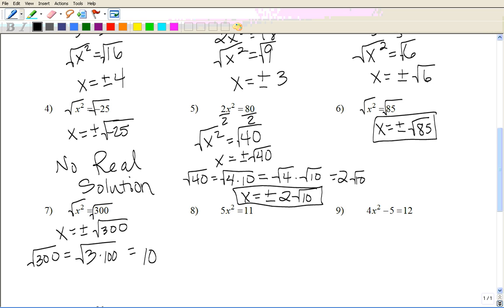So you'll see in number 7 and in number 5 there's two different ways. Here I split it up into two separate radicals, and then number 7 I kind of skipped that step and left out the part where I split it into two, but this is another way you could do it, and that's fine. So now x equals positive or negative 10 square roots of 3.